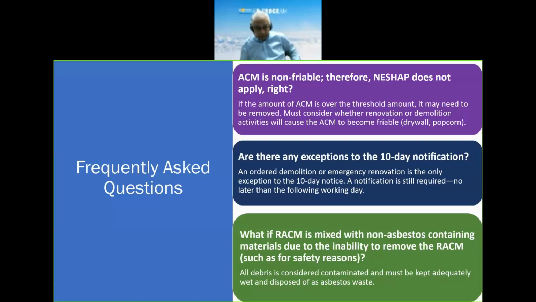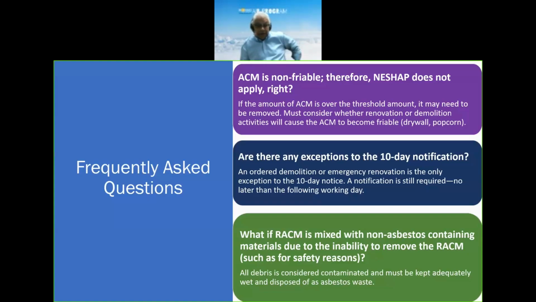What if Rackham is mixed with non-asbestos containing materials due to the inability to remove the Rackham, such as for safety reasons? Well, guess what? If all debris is considered contaminated, it must be kept adequately wet and disposed of as asbestos waste.